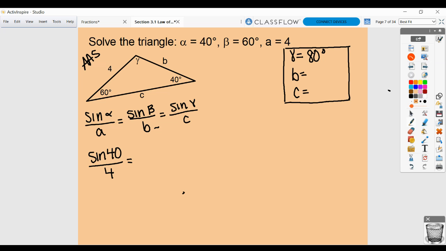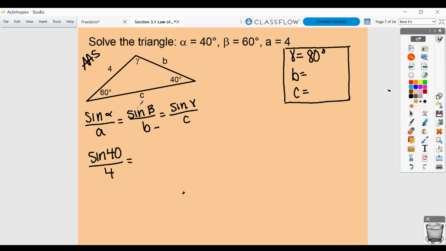Okay, so you're going to set up a proportion with the sine of beta over B or the sine of gamma over C. Now this is where you have to look. What is the only other piece of information that you have given? And that is the 60 degrees, which is the beta.